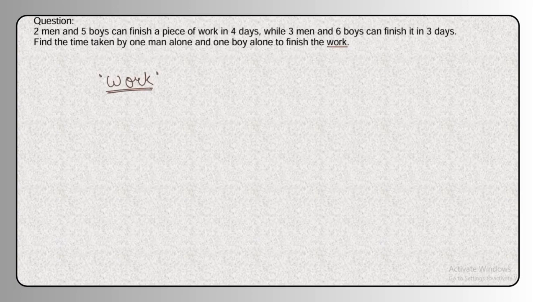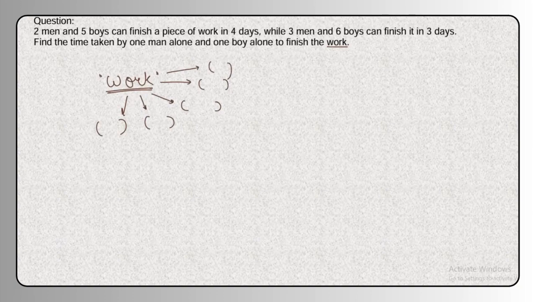So, when we say work, that work could be anything they have not explicitly mentioned. We don't know. So, there are multiple forms of work, but it's something that is doable, and some bunch of people are completing it. That could be cleaning up a particular floor, or building castles, or making a road, or whatever.